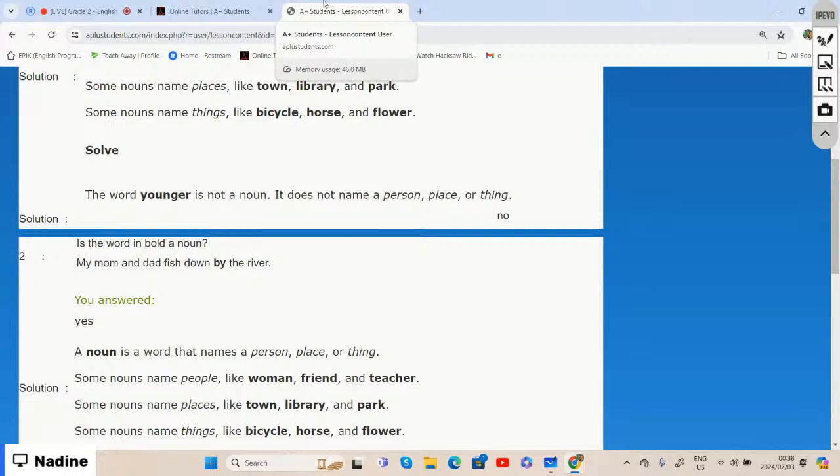And if we look at that word by, then we can say no, by is not a noun, right?